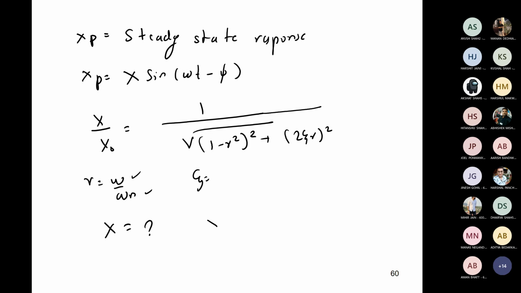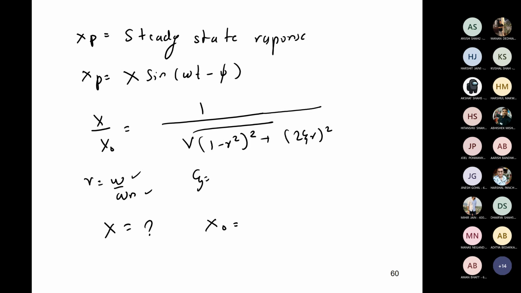What is x0? Anybody? 0.1 meter per second. No, that is x0 dot. I am asking about x0. 0, sir.